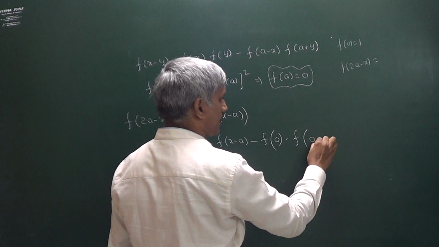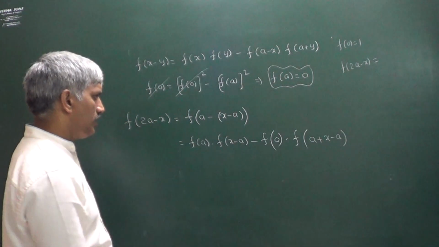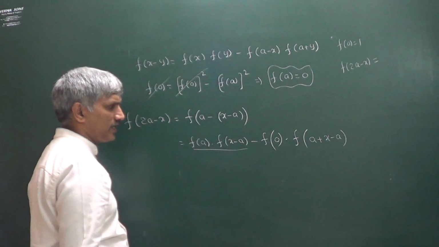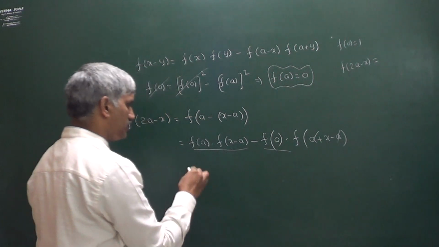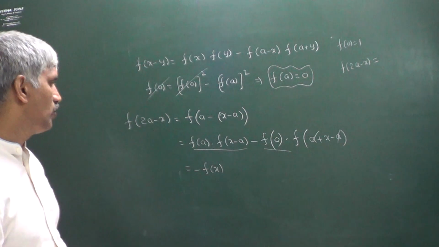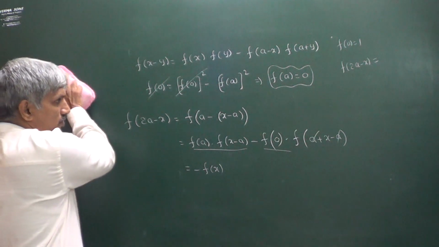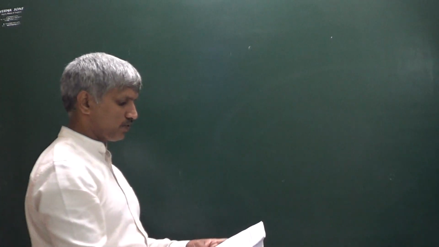So that's why a plus x minus a. That's all. F of a is equal to 0. That's why you forget about this one. F of 0 is given as 1, plus a minus a cancel. That is the reason we are getting the function as minus f of x. So f of 2a minus x is equal to minus f of x. That is the information we got for that particular question.